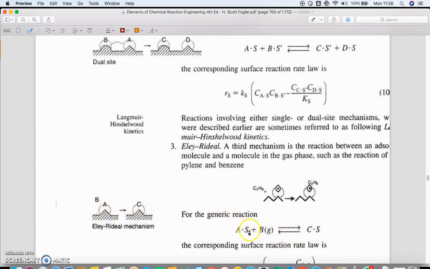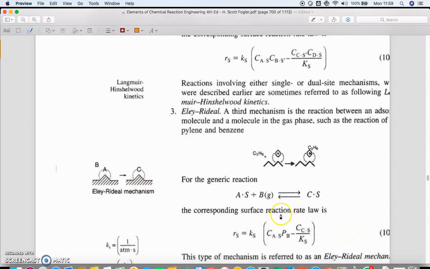B is actually reacting with A, so only A attaches on the active site. So it becomes A dot S plus B, where B is normally gas phase, and then produces C dot S.